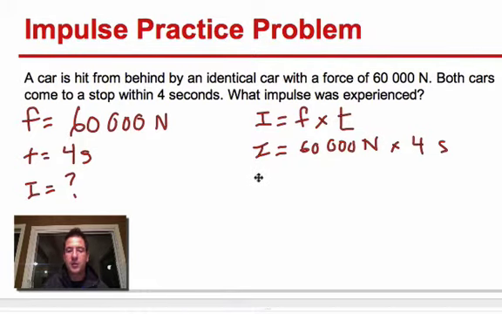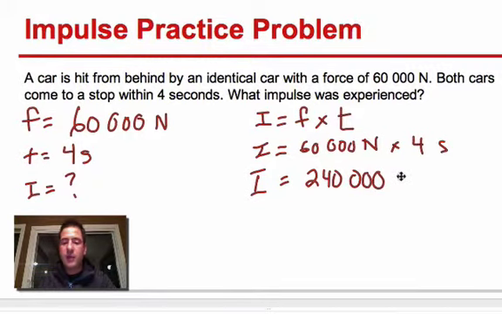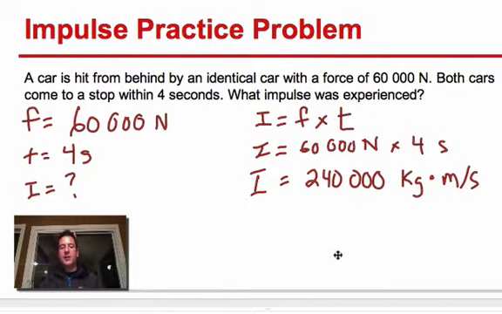The impulse is going to equal 240,000, and now I have to put the units. So the impulse experienced when the two identical cars came to a stop was 240,000 kilogram meters per second.